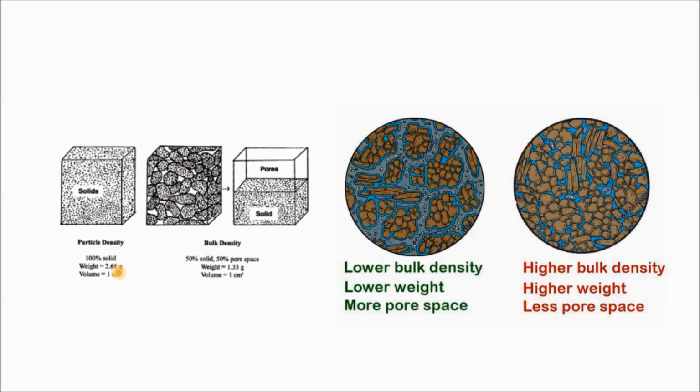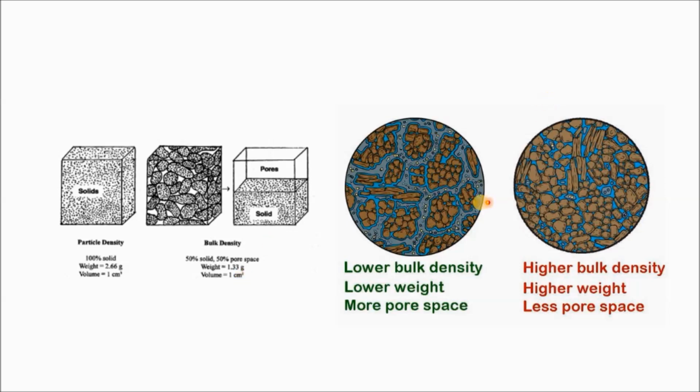If it is 100% solid, say the weight is 2.66 and the volume is 1 centimeter cube. The volume remains the same because of the length, breadth and height, but the weight is different. In this case, with 50% solid and 50% pore space, the weight is very less and the volume remains the same. Automatically the density will be affected.